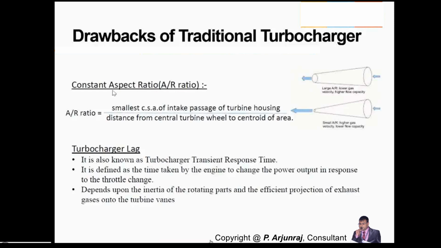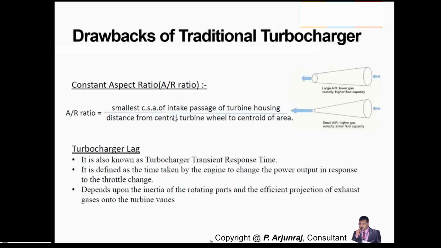And how can I define the A by R ratio or aspect ratio? Here we can define the aspect ratio as the ratio between the intake passage of the turbine. You have turbine and also compressor as a part of it.